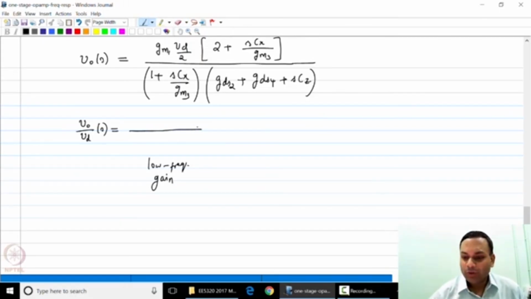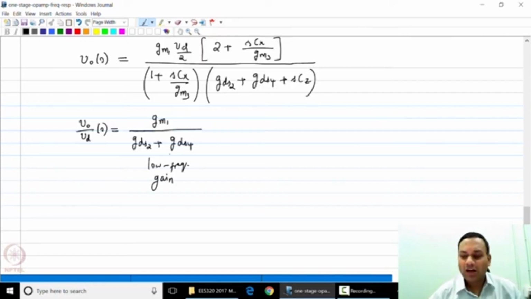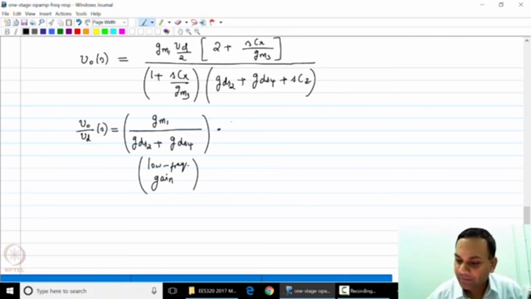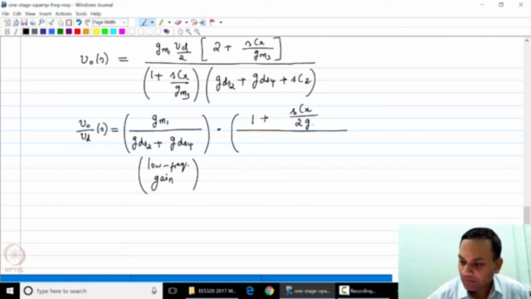So I am going to take the component GM1 over GDS2 plus GDS4 out of this expression, because this is the low frequency gain of the circuit, and this is going to be the frequency dependent part. So the system has 1 zero at 2 GM3 over Cx, and it has two poles.